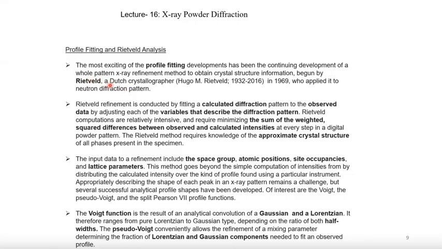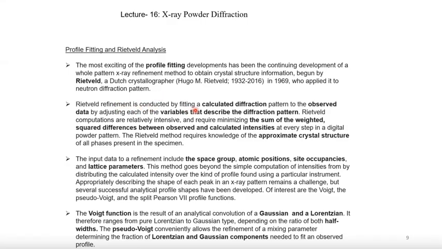So Rietveld, a Dutch crystallographer, did it. Now people are very often using this analysis. And with this slide, I will conclude and then take the rest in the next lecture.